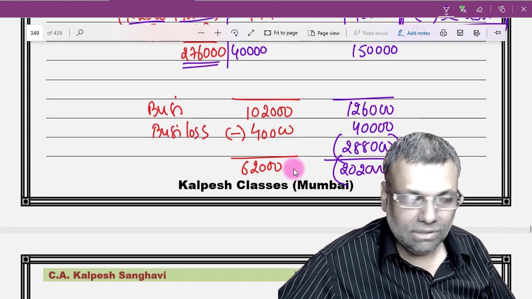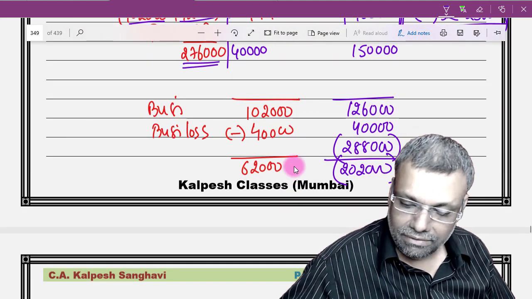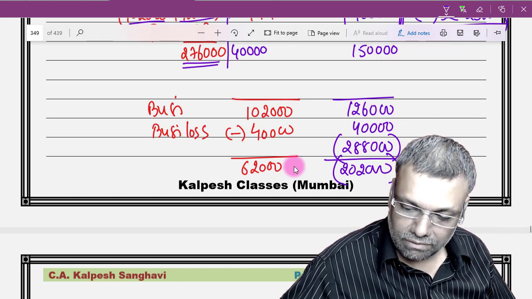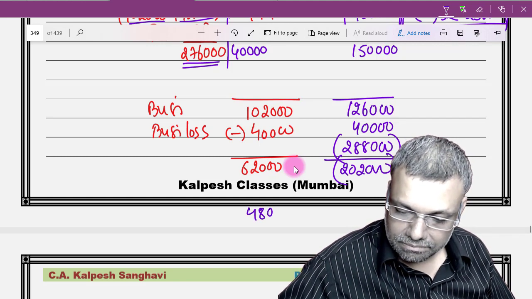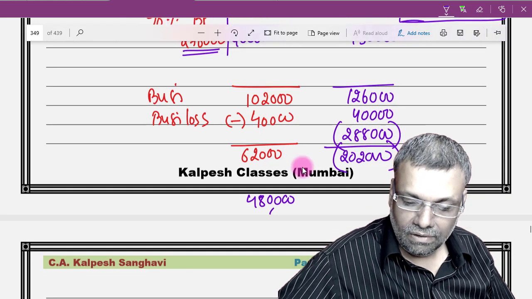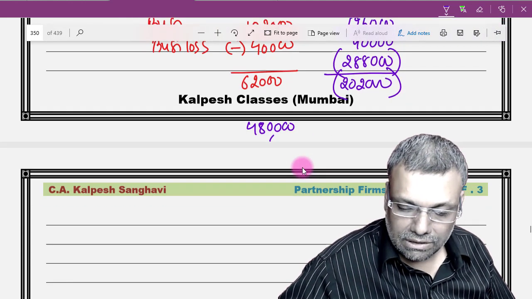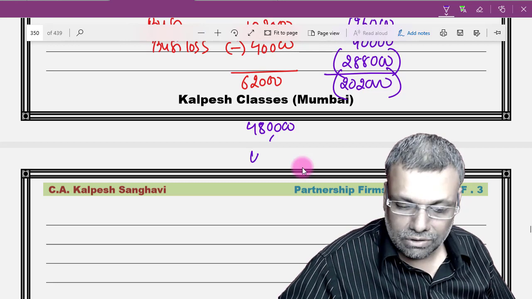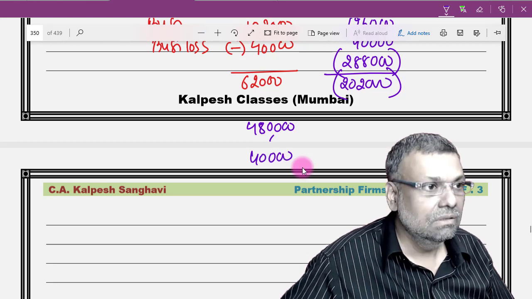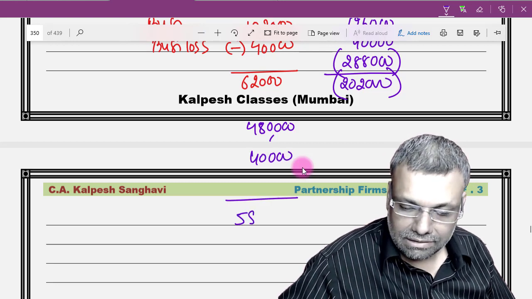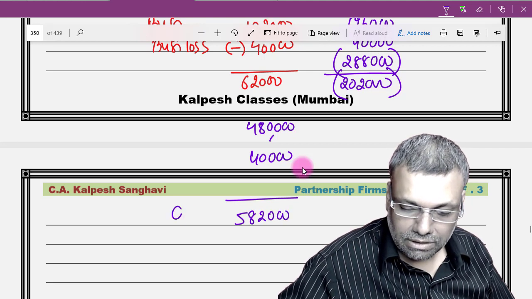So in the first situation I will add the capital gains after doing that particular set off, that is 4,80,000. Okay, and I also have IFOS income. IFOS income was 40,000, and it is 5,82,000. Okay, GTI.